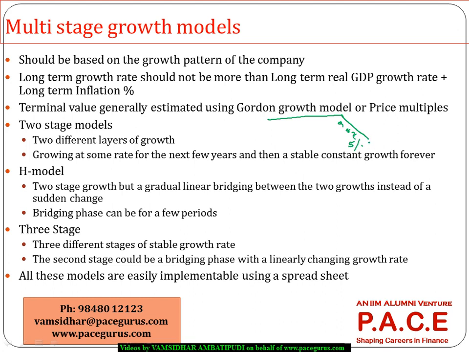It is coming down to 5% over a 5-year period, and after that it stabilizes. This kind of model we call an H model. So instead of a drastic fall from the last year to the current year, we see a gradual linear fall, finally converging to a long-term growth rate.